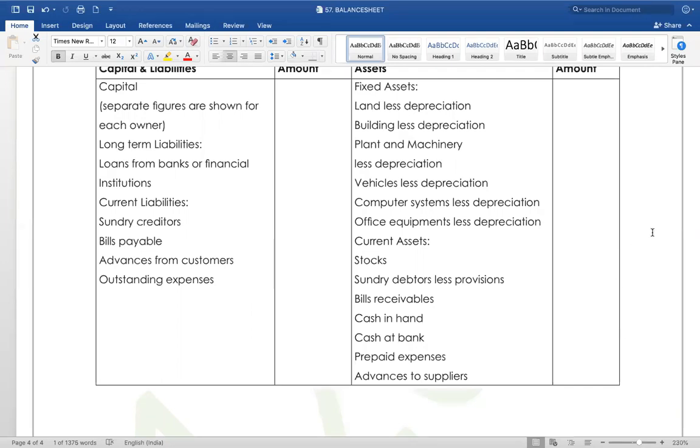Now, I started my sessions in the beginning saying that the balance sheet should always tally. Why should it tally? Why should it be equal on both the sides? The total of liabilities here should be equal with the total of assets.